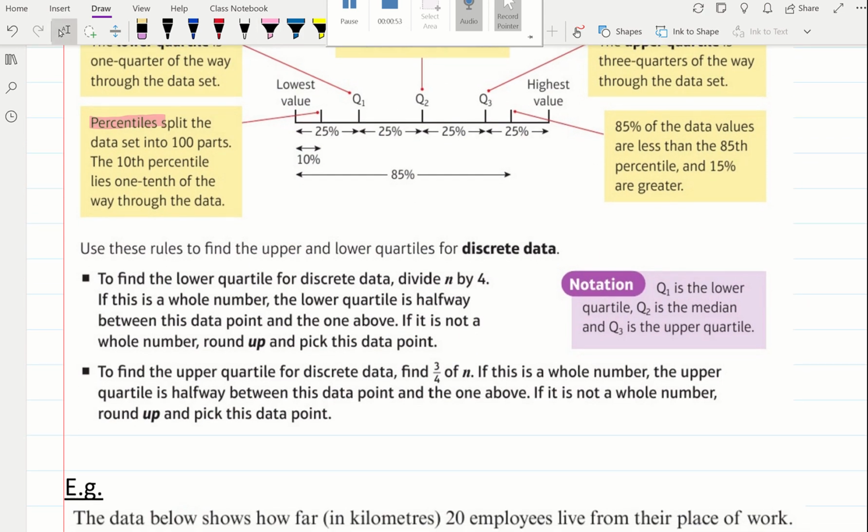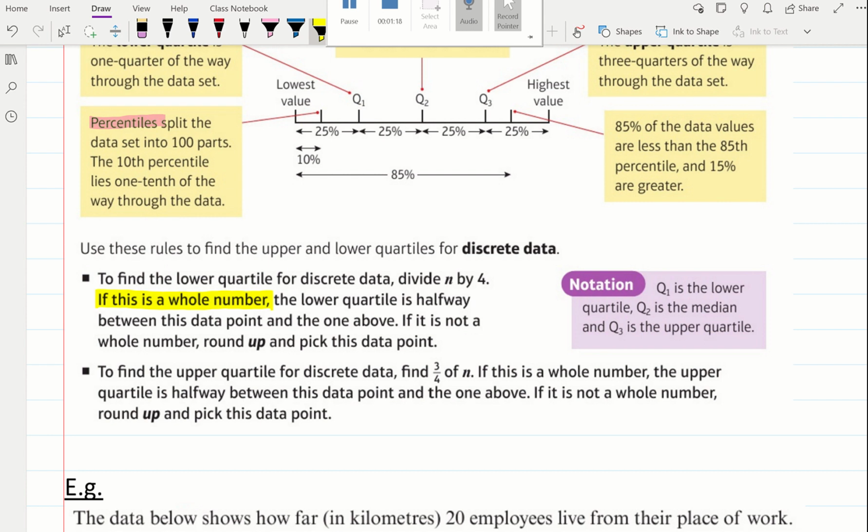Use these rules to find the upper and lower quartile for discrete data from a list, for example. To find the lower quartile for discrete data, divide n, the number of numbers in your data, by 4. It's 25%. If this is a whole number, and that's important, the lower quartile is halfway between this data point and the one above.